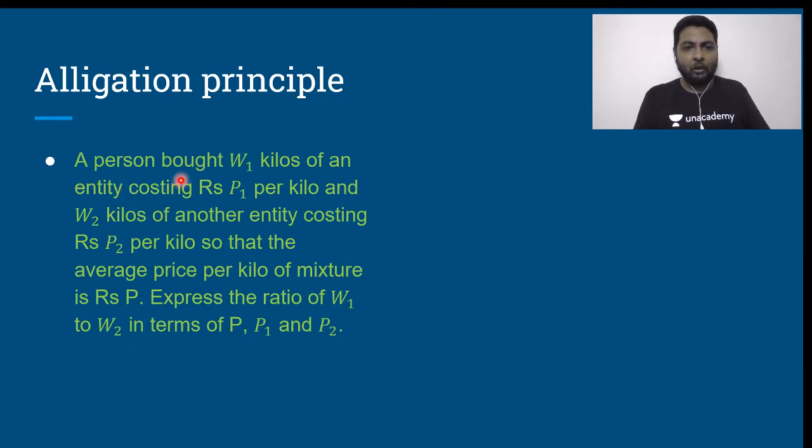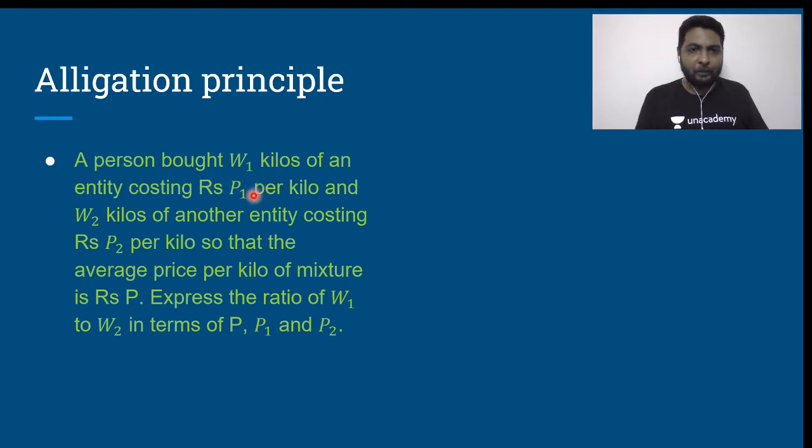A person bought W1 kilos of an entity costing rupees P1 per kilo and W2 kilos of another entity costing rupees P2 per kilo, so that the average price per kilo of mixture is rupees P. Express the ratio of W1 to W2 in terms of P1 and P2.